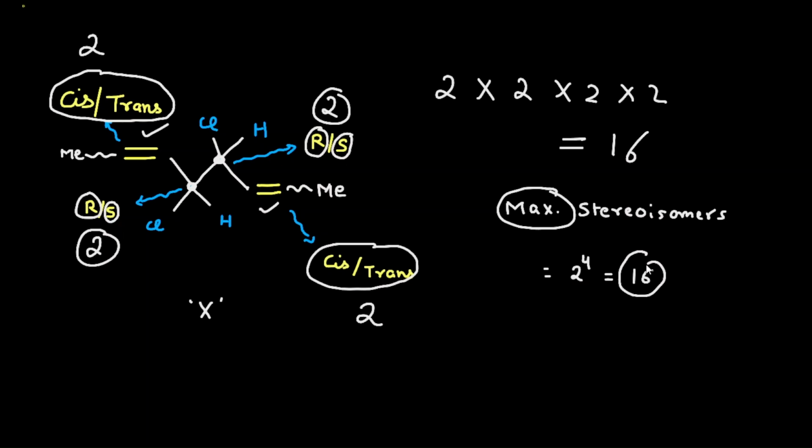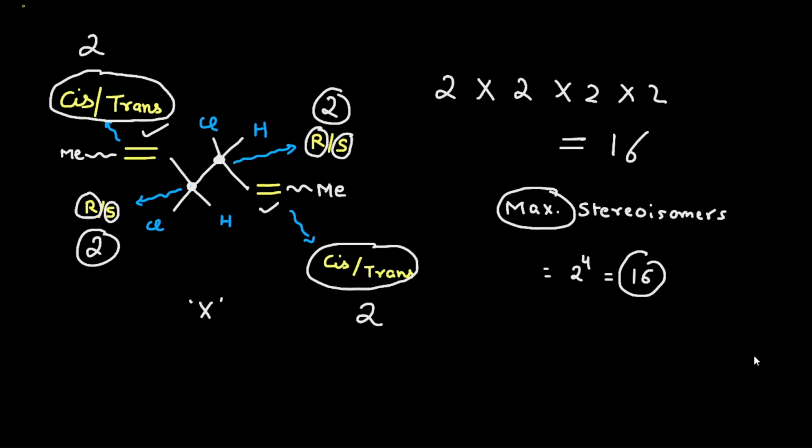Because once you get some symmetry at the two ends of the compound, we will see how it will come. The number of stereoisomers which you can generate comes less than the maximum possible.